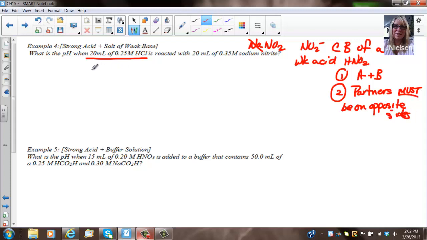I'm getting my H from the HCl, my NO2 minus from my conjugate base, and I am forming HNO2. Here's my acid and here's my conjugate base.